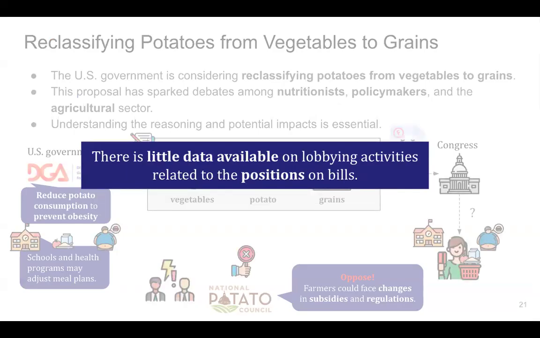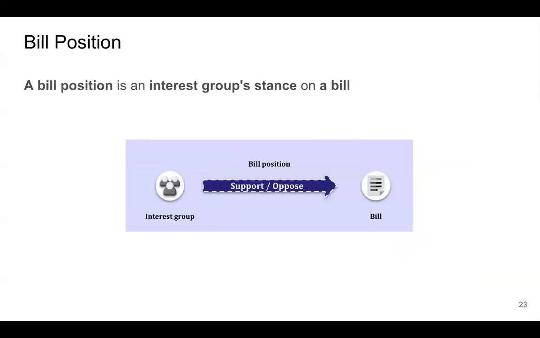There's data available on these lobbying activities, but what is missing from a lot of these lobbying reports is whether these interest groups are in support or in opposition of the bills that they're lobbying.